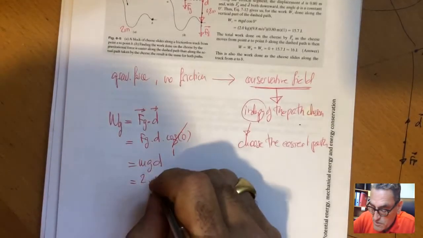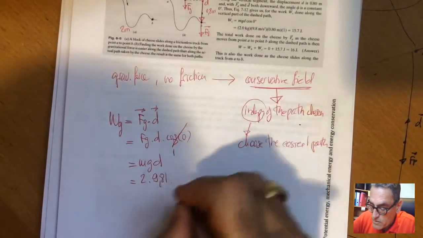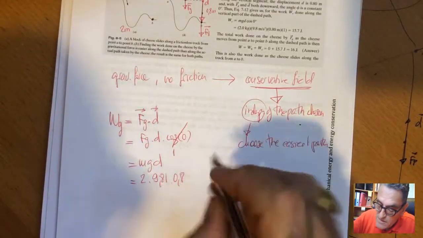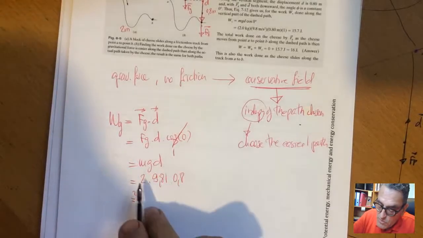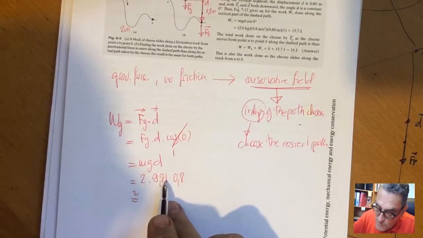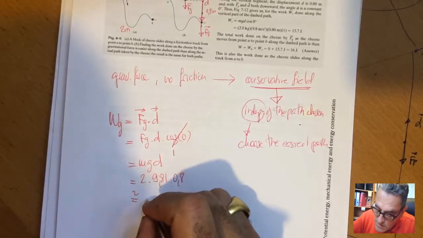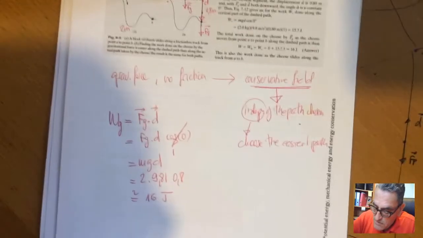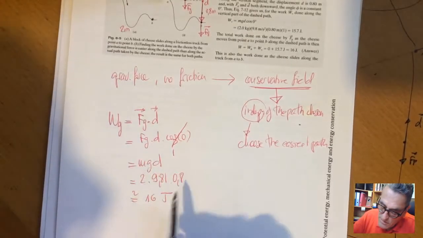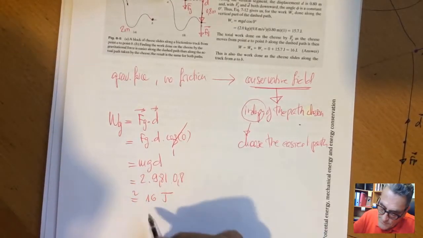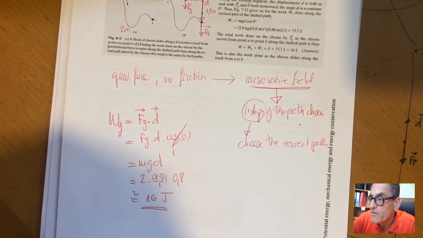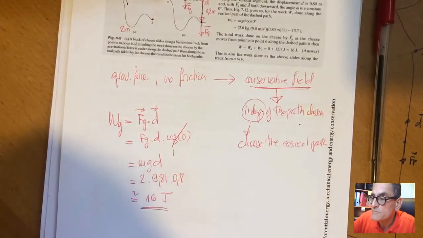It's 2 kilograms times 9.81 times the distance, which is 0.8 meters. So this is about 2 times 10, which is 20, times 0.8, which is 16 joule. Is that correct? Yes, 16 joule. And this is independent of the path chosen.